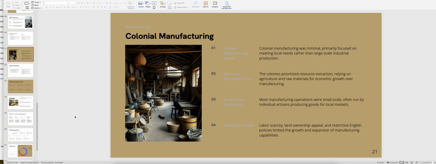So when we think of the manufacturing that's occurring, it's all largely related to extraction. You're not seeing any large-scale industrial production as we see here in number one. But in number two, really you're going to organize your infrastructure around extracting the natural resources and exporting those back to the old world.